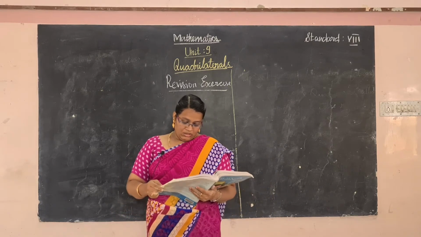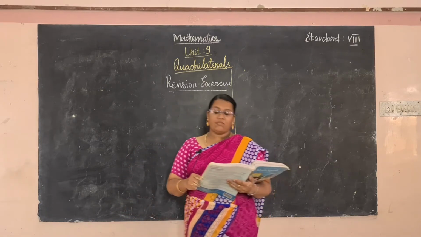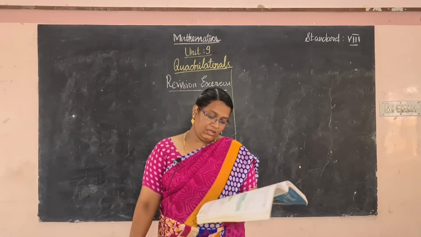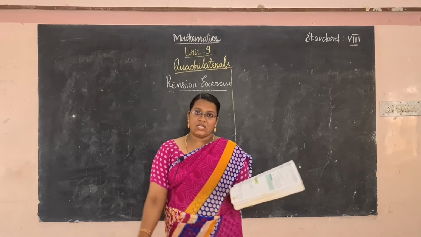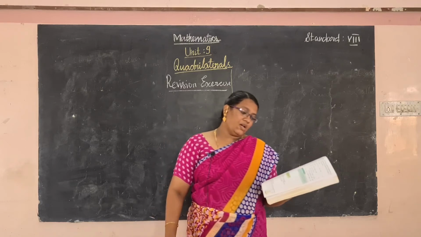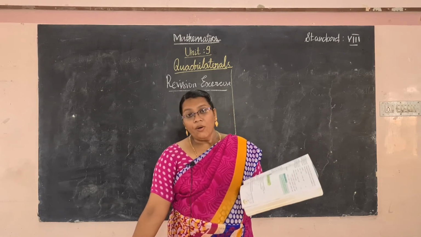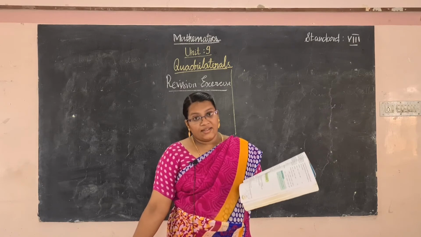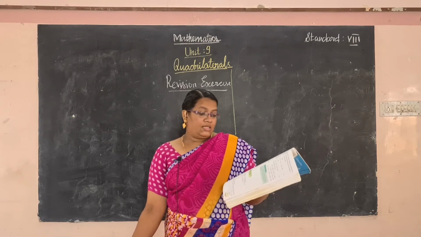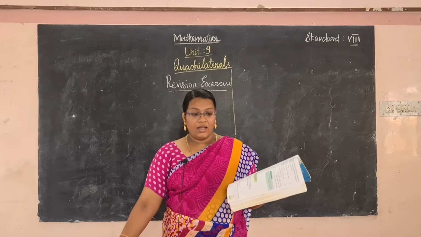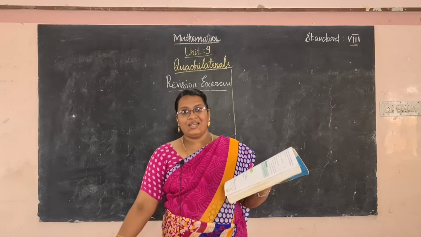So what is the formula for angle sum property? Here 4 types of angles are given. We have to add these 4 angles. If we get 360 degree, then we say these are all called the quadrilateral.